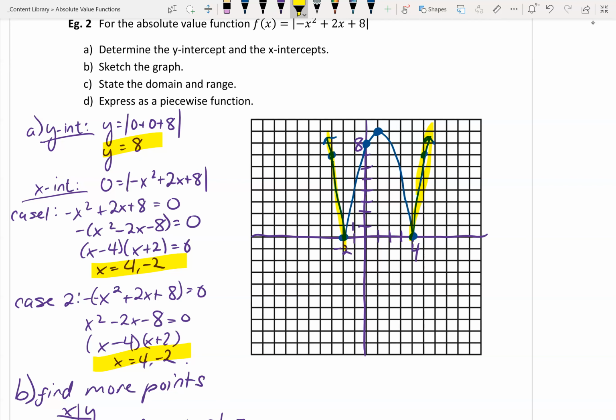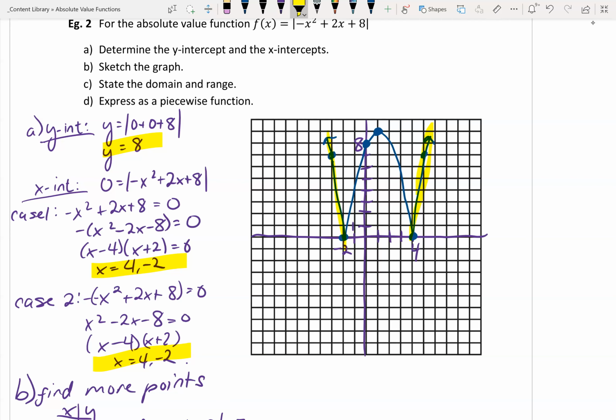For case 1, we should have an upside down quadratic because of the negative from the x squared. So that is going to look like the space between, or the x values between negative 2 to 4 on that interval. Then if you look at case 2, we would get an x squared minus 2x minus 8.